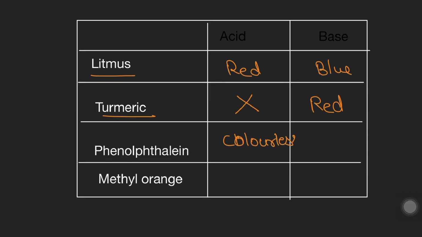For phenolphthalein, it is colorless in acid, and it changes into pink if we put it into base. Methyl orange turns red with acids, and for base it turns yellow, right?